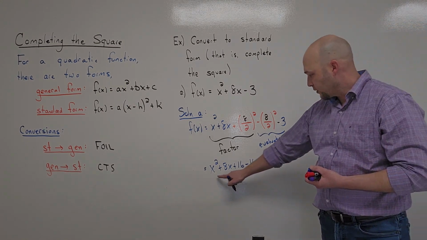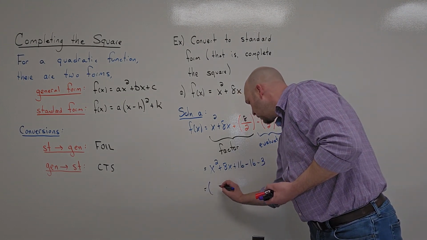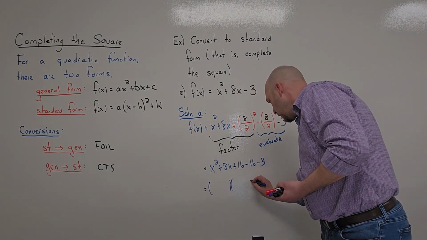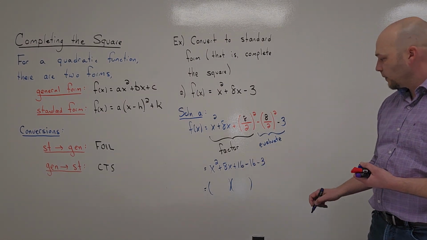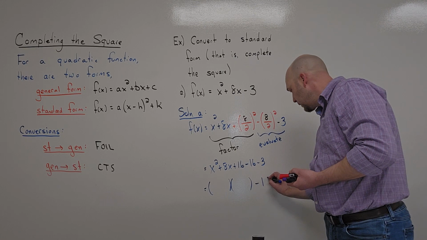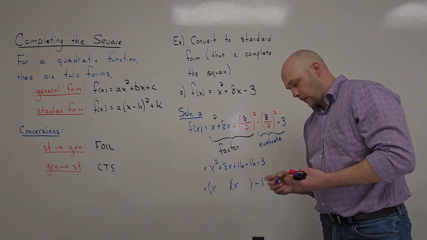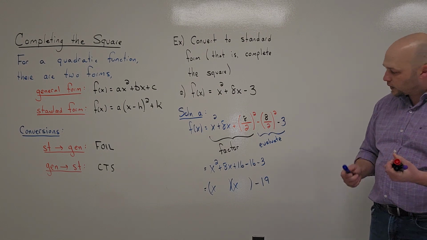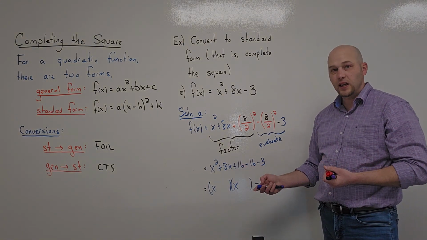Again, we're going to factor the first 3 terms. If I put my parentheses in here to see if we can factor that, and then I'll evaluate the last 2. So minus 16 and minus 3 would give you a minus 19. And then I'm going to put in x and x here. Remember, what we need to factor this is 2 integers that multiply to get 16 and add to get 8.